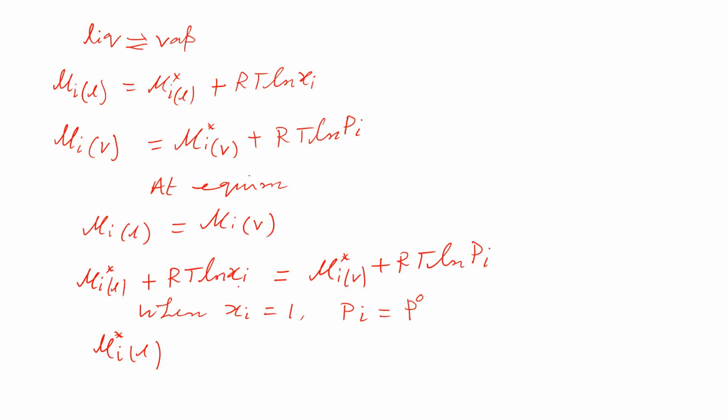Xi is 1, log 1 is equal to 0. So that is equal to mu I in the vapor phase, of course in the standard condition, plus RT ln, now it is the vapor pressure in the pure state. Say this is my equation number 1 and this is my equation number 2.